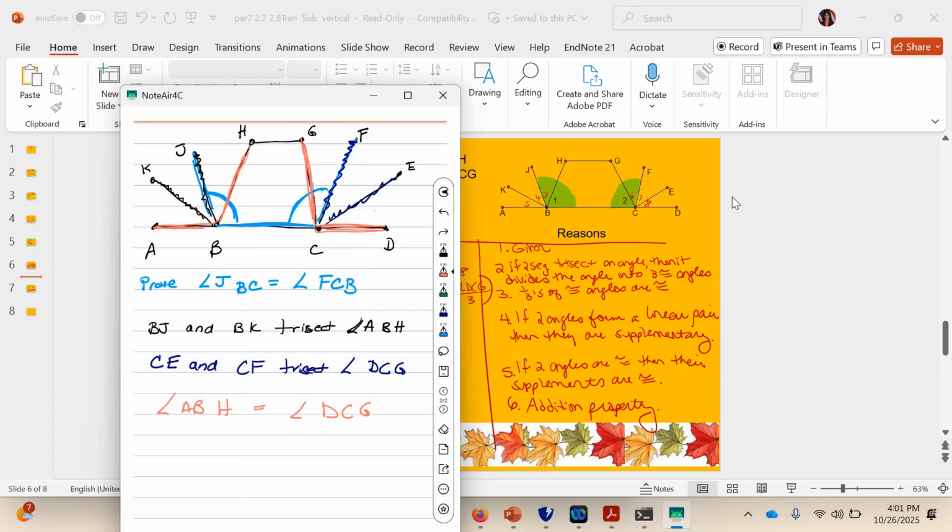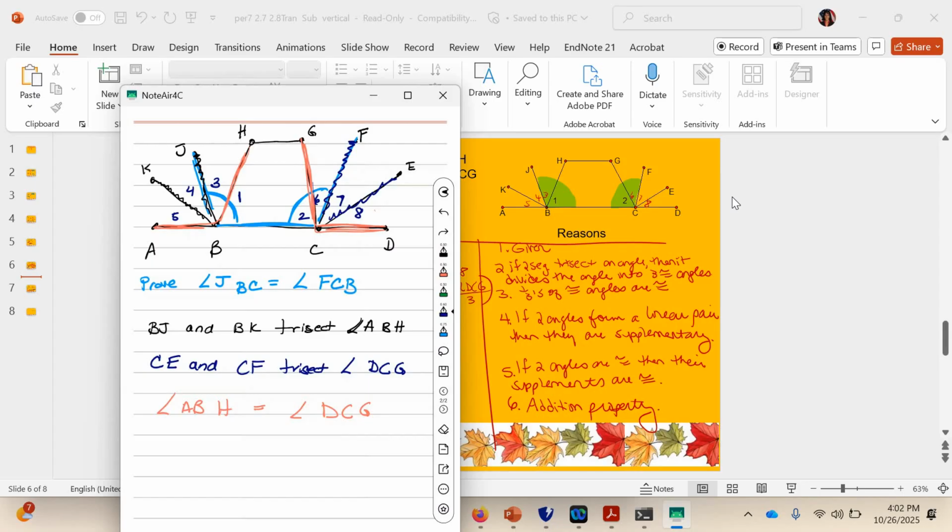She labeled this one as angle 5, this one as angle 4, this one as angle 3, this one as angle 1, and this angle as angle 2, this angle as 6, this as 7, and this angle is an 8.